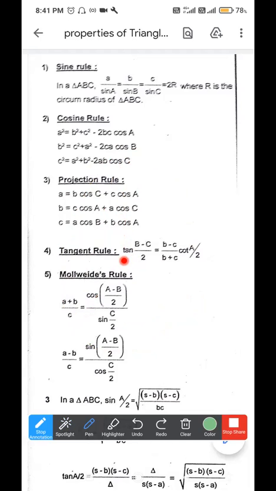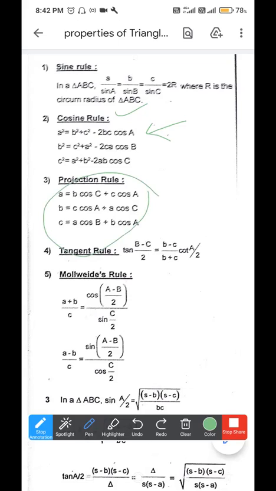Next, the cosine rule. What is the cosine rule? a square is equal to b square plus c square minus 2bc cos A, and b square is equal to c square plus a square minus 2ca cos B, and c square is equal to a square plus b square minus 2ab cos C. This is your cosine rule. Next is the projection rule.